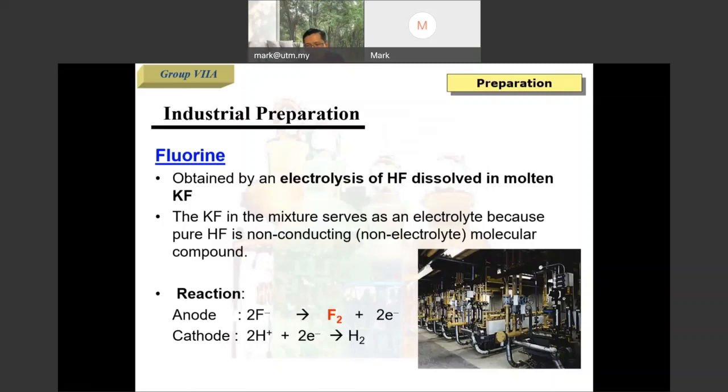At the anode, oxidation occurs: the fluoride ion is oxidized to form fluorine gas. At the cathode, a reduction process occurs: hydrogen is reduced to form hydrogen gas.